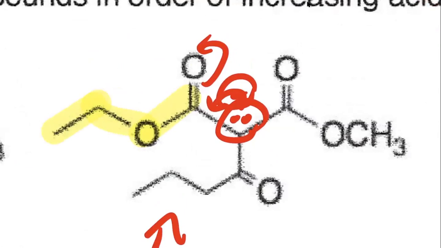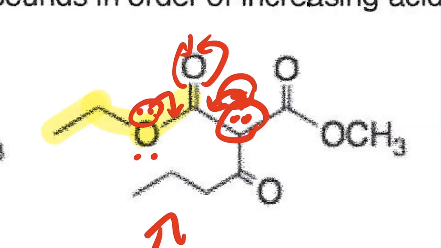This lone pair can resonate to the left in order to delocalize the negative charge. Now, this oxygen on the other side is going to have an influence, because it can also resonate onto that carbonyl. So that carbonyl is participating in resonance in both ways.